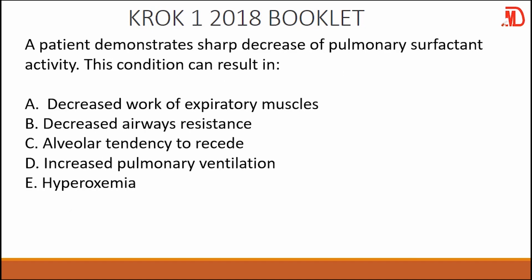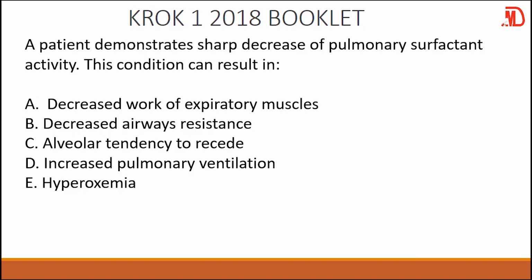A patient demonstrates sharp decrease of pulmonary surfactant activity. This condition can result in... Pulmonary surfactant is a mixture of lipids and proteins which is secreted into the alveolar space by epithelial type 2 cells.